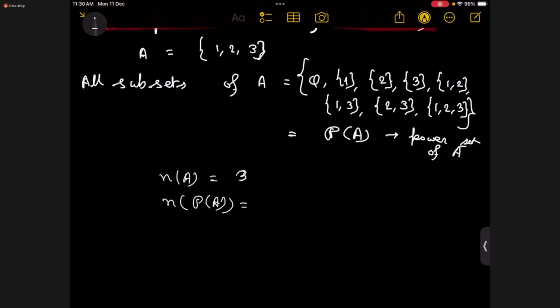And if I find n of P of A, this equals 8, which is nothing but 2 to the power 3.